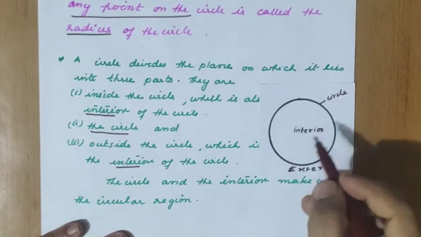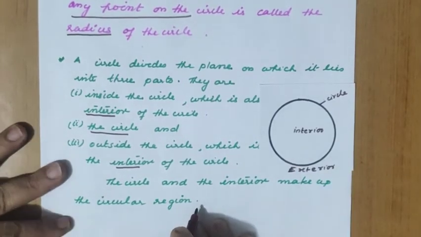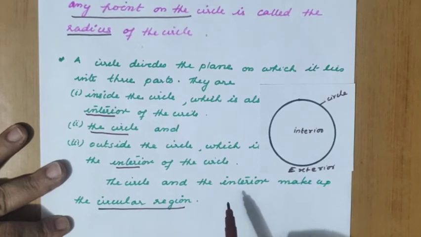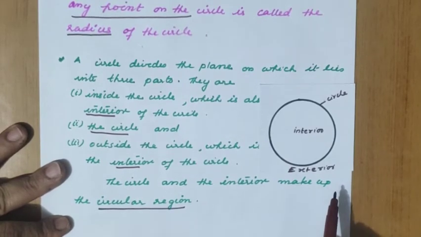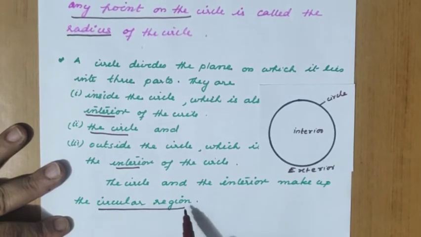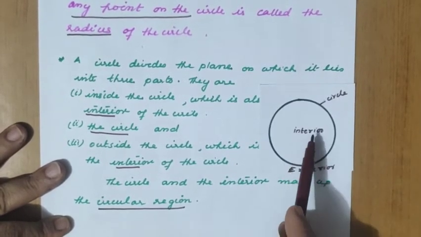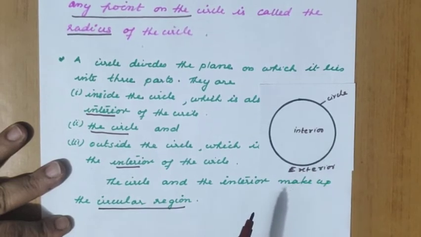When interior and circle are combined, it is called a circular region. What is the name for that? The circle and the interior together make up a circular region. So when we say it's a circular region, what is the meaning? The circle as well as the interior part of the circle is included in that.